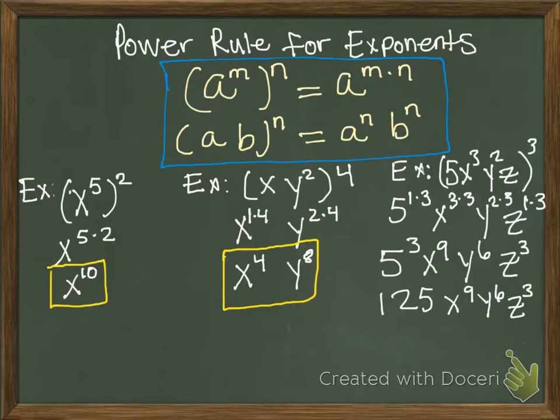When we multiply the exponents together, we simplify to 5 to the 3rd, x to the 9th, y to the 6th, z to the 3rd. And once we simplify 5 to the 3rd power, we get 125x to the 9th, y to the 6th, z to the 3rd as our final simplification for this exponential expression.